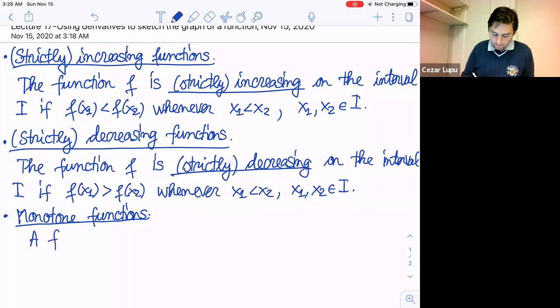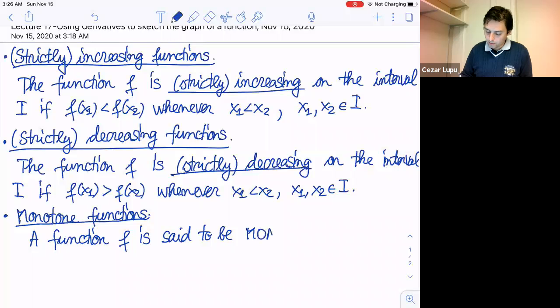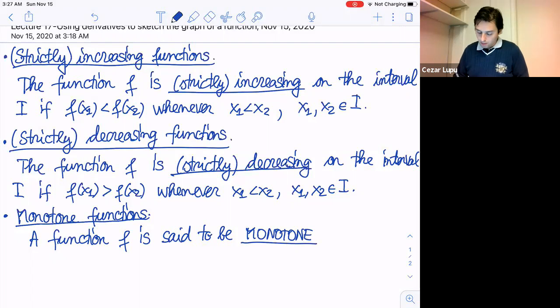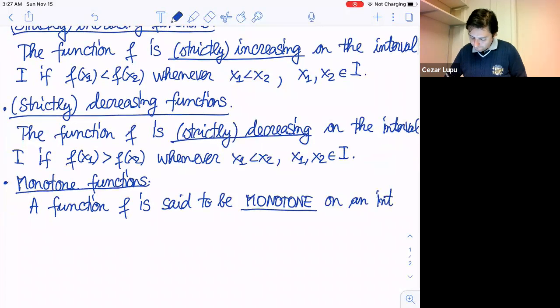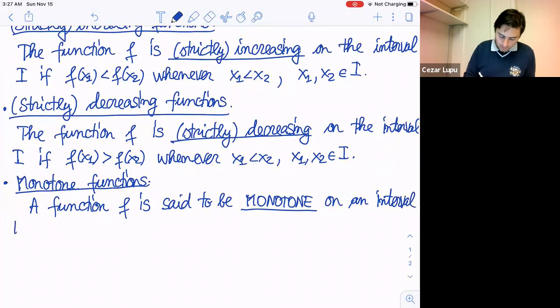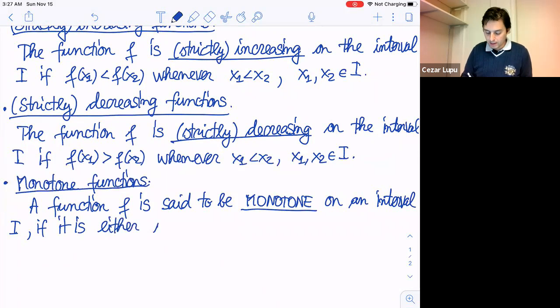A function f is said to be monotone on an interval I if it is either increasing or decreasing.